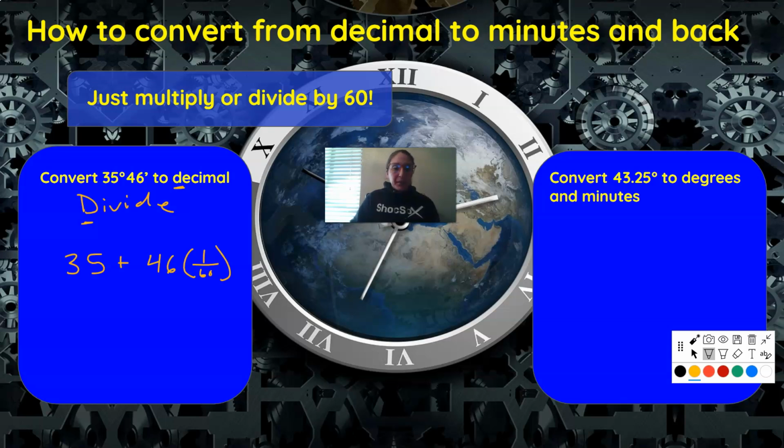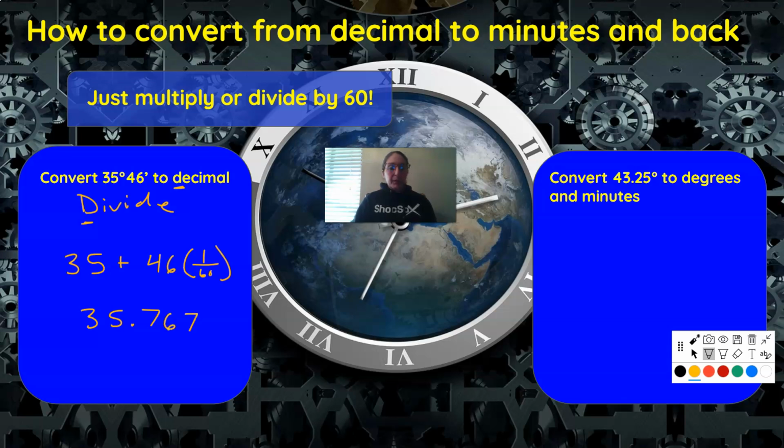So first off, notice I've split the degrees and minutes in terms of like, hey, it's this many degrees plus this many minutes, and that's how we say it, right? We can join it together. So what does this come out to be? So 46 times 1 over 60, or 46 divided by 60. This is going to be 35.7, and now it's 6666666 forever.